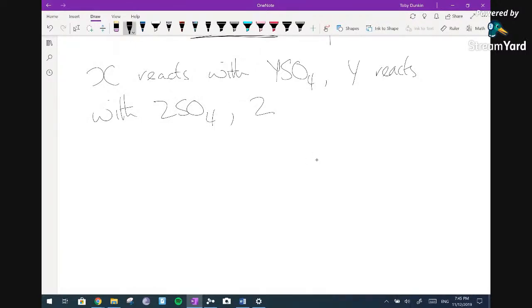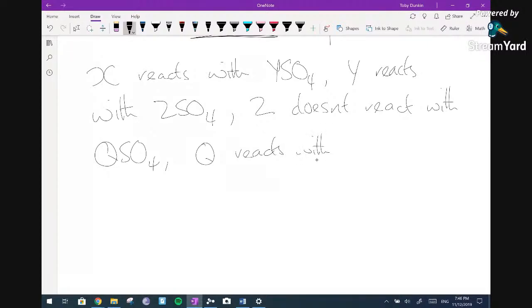Z doesn't react with Q sulfate. Q reacts with Y sulfate. Put them in order of reactivity. That's what they like to do. They like to give you this series of bullet points of who's doing what and which reactions are where, and you have to put them in order.